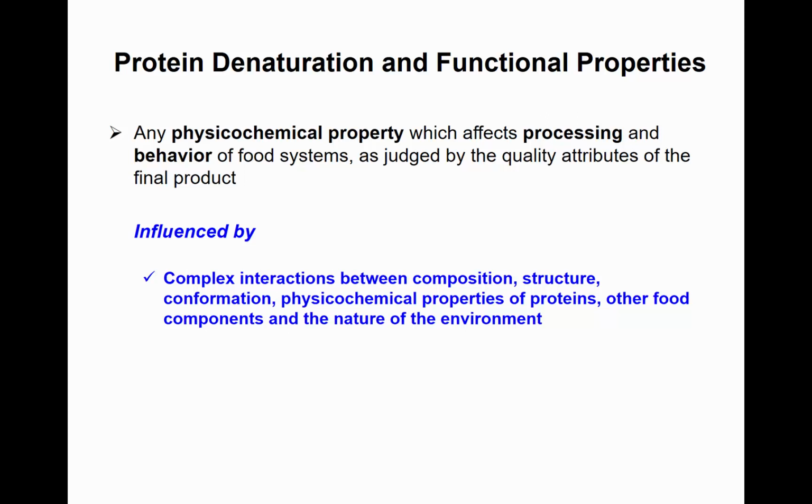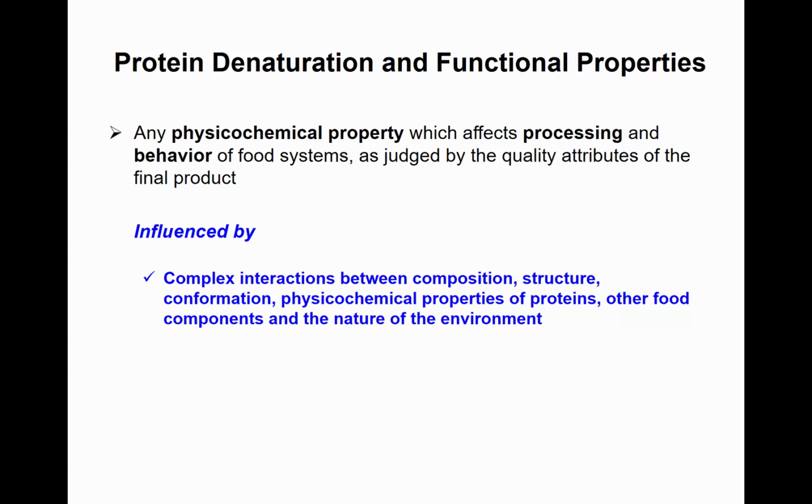The functional property is influenced by complex interactions. It has to do with the composition of the protein, its final structure, the physicochemical properties, that means net charge, hydrophobicity, and other food components.